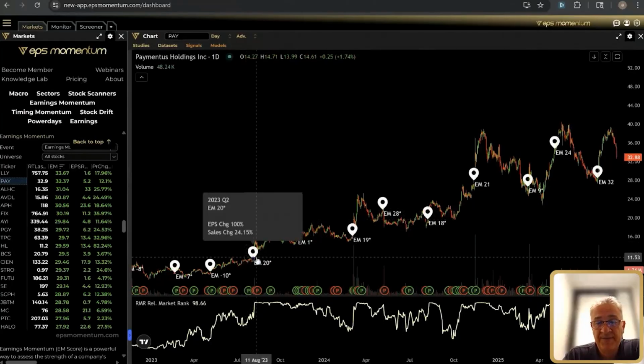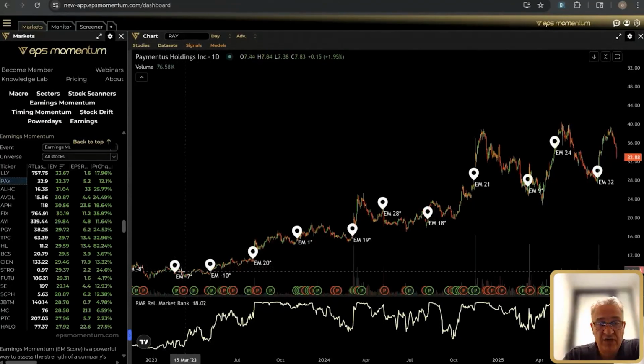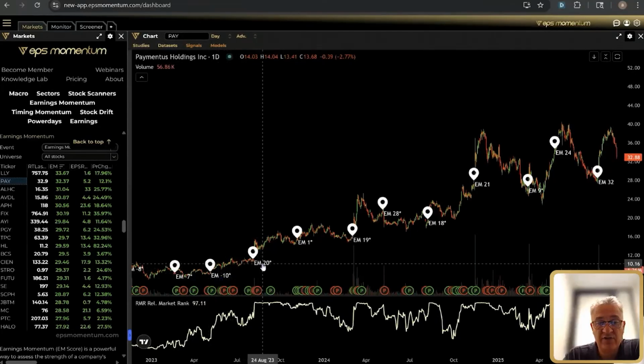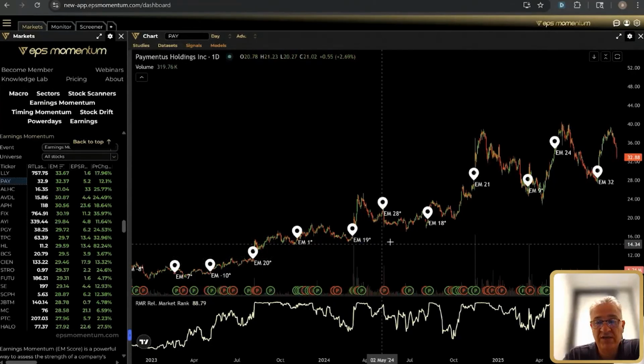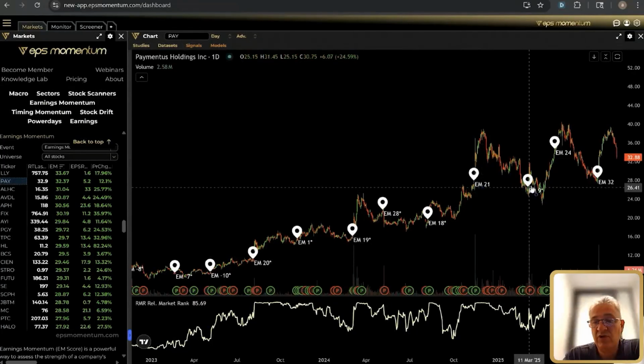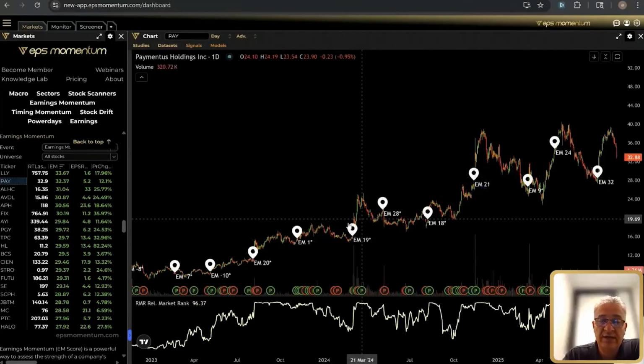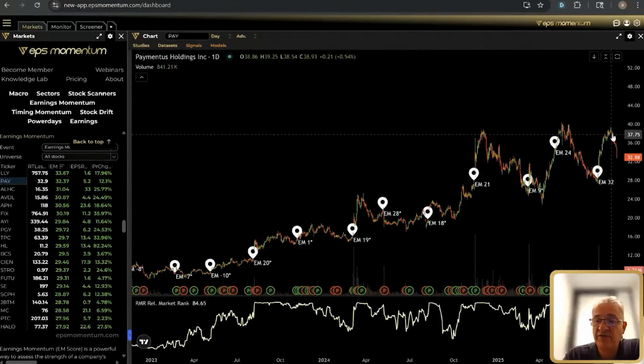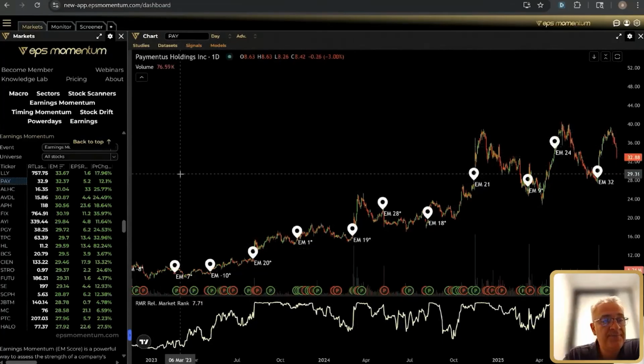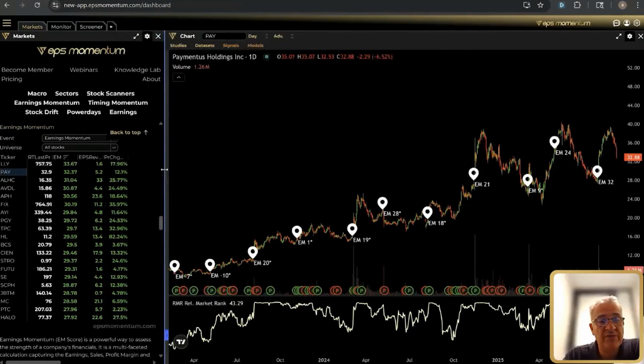So these stocks have been starting to have negative scores, -7 and -10, and all of a sudden they went to 21, 19, 28, 18, 21, 9, and so on. So a really good score that pushed the stock higher from $13 to $32, so it doubled. So this is what the earning momentum score gives you.